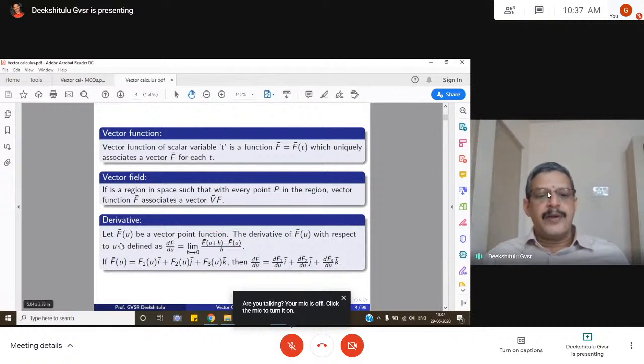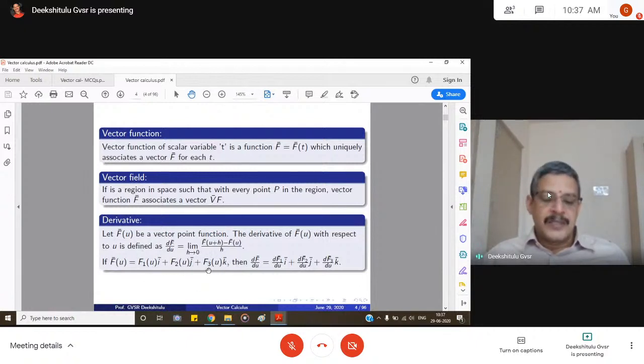And if f bar of u is equal to f1 of u i plus f2 of u j plus f3 of u k, mind you, this f1, f2 or f3 are scalar functions, and when you multiply these with i, j, k respectively and add them, it gives a vector. Then df by du is equal to df1 by du i plus df2 by du j plus df3 by du k. This is what we call the vector derivative.